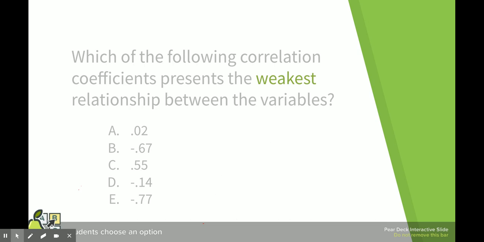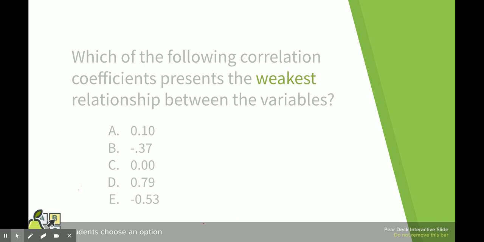Okay, here we go. Now, which one presents the weakest relationship between the variables? Okay, the correct answer is 0.02. If we would have flipped it and it was the strongest relationship, it would be -0.77.